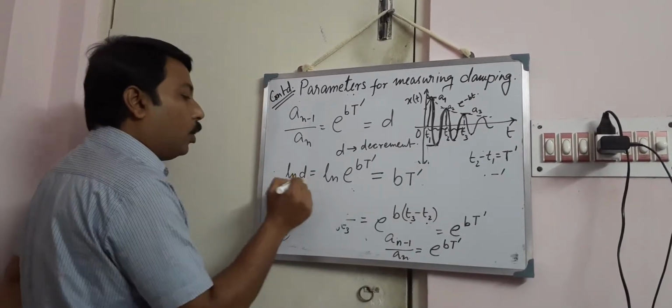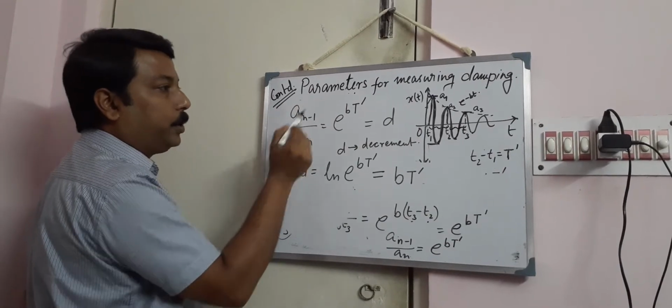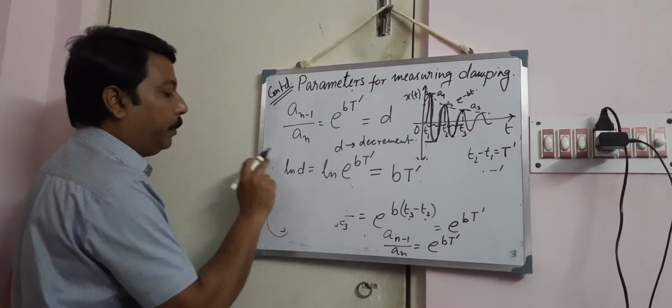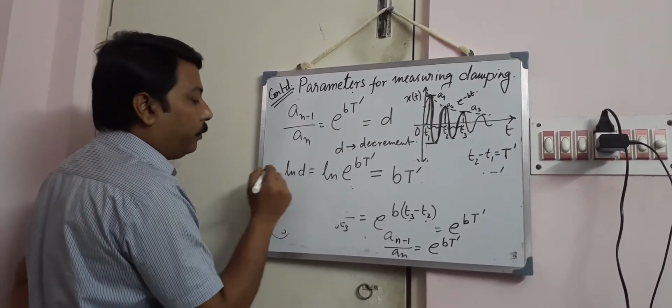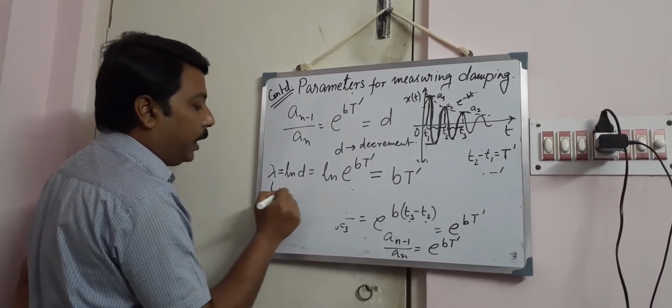The logarithm of the decrement is what you call the log decrement lambda.